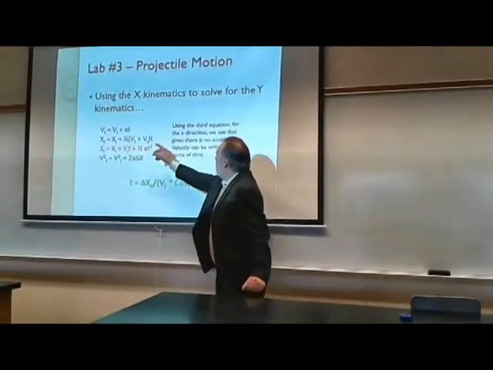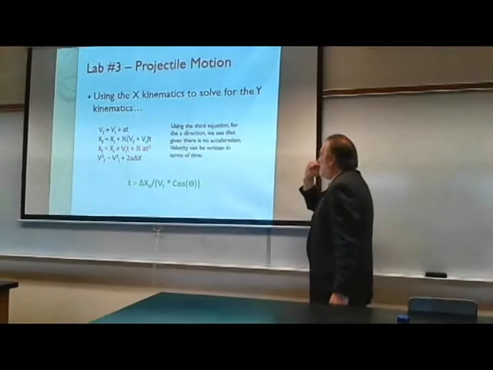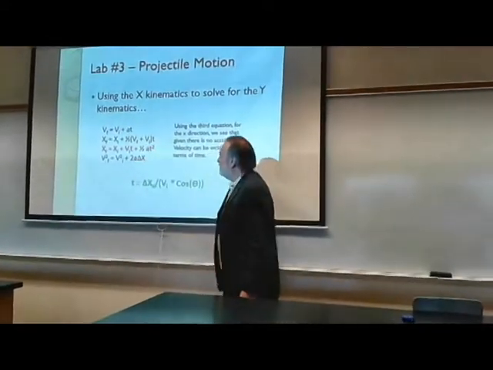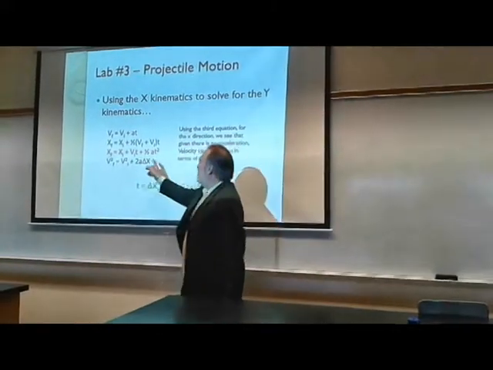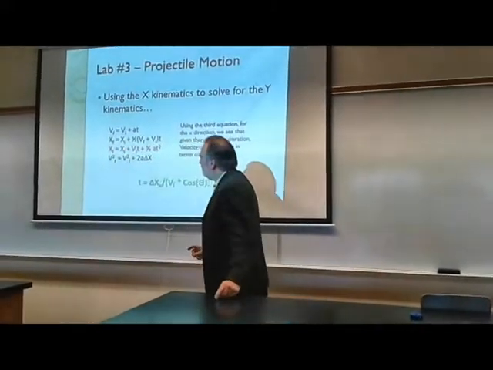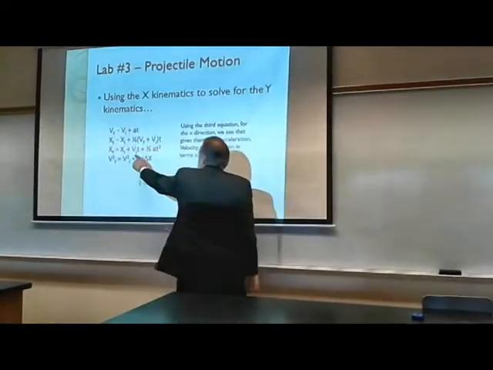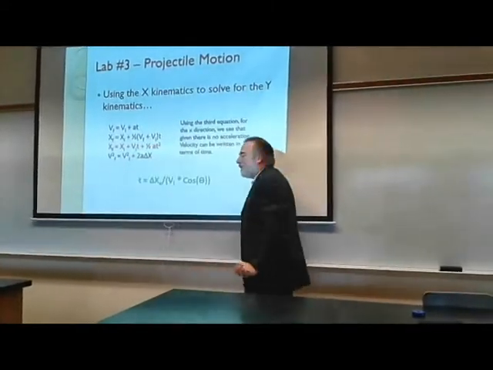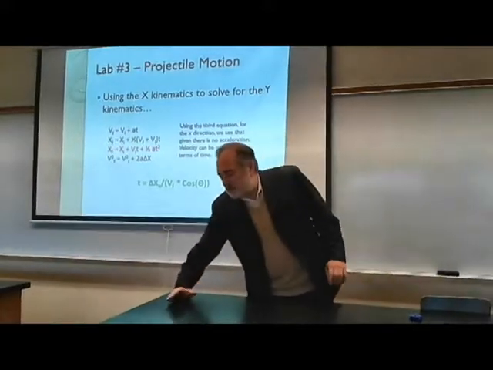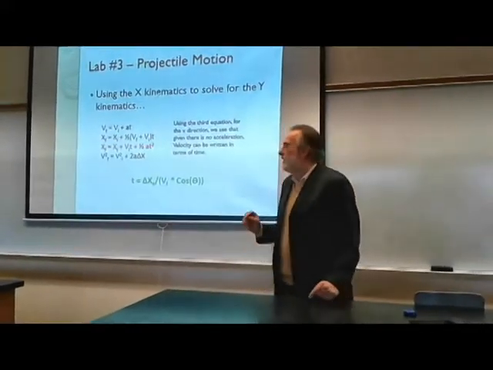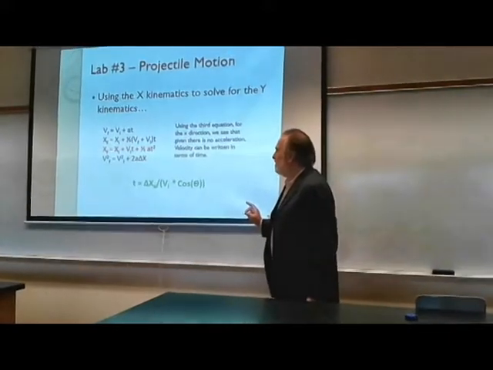Looking at this third equation, given there's no acceleration, this part goes away. We've measured the distance it went. We don't know the velocity initial, but whatever the velocity initial is, it's velocity initial times cosine of the angle.